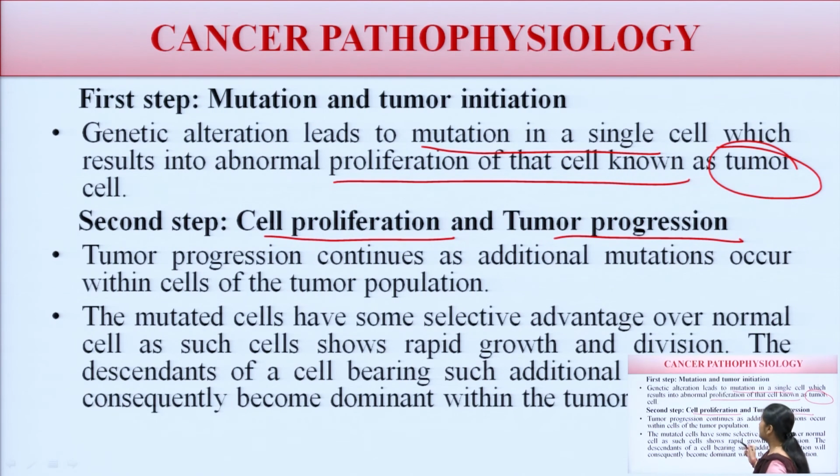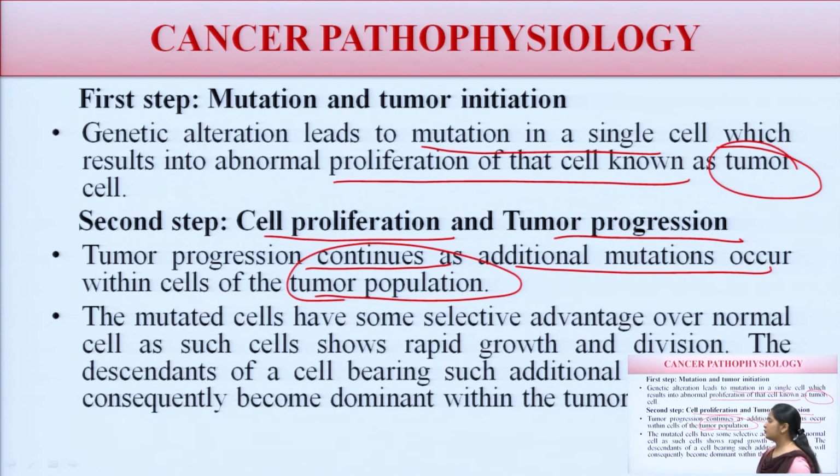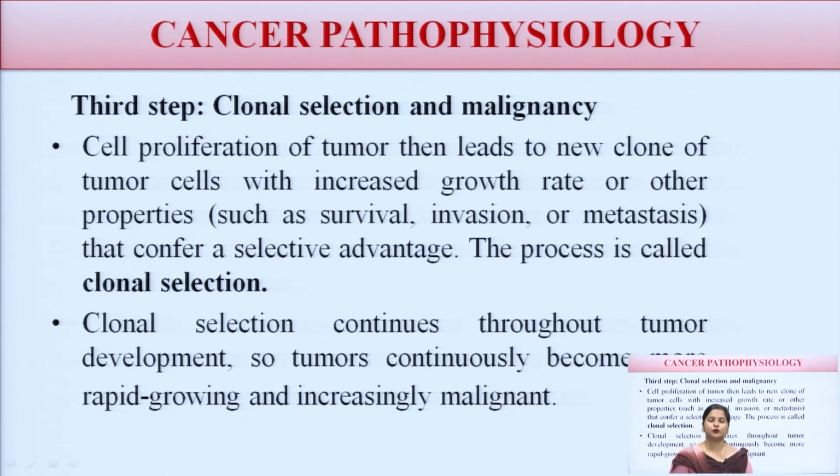At that time the tumor progression continues with additional mutations in other cells, which cause the tumor population. These mutated cells have some selective advantage over the normal cells. They show rapid growth, division and mutations, and continuously expand the tumor population.